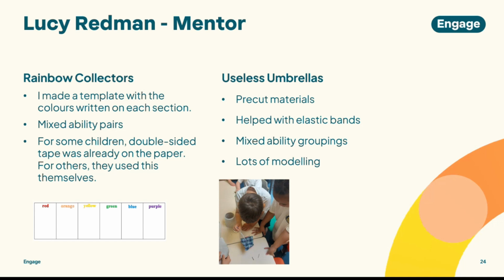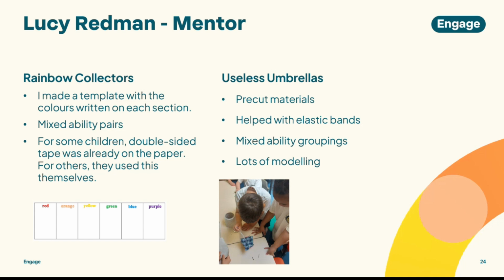So she adapted the activities. So you can see there were two activities, which are the STAR activities. These were Key Stage 1 pupils. So the Rainbow Collector, they basically go out and find natural objects that are different colours. And the idea is that they collect them and stick them onto the template that you can see there.